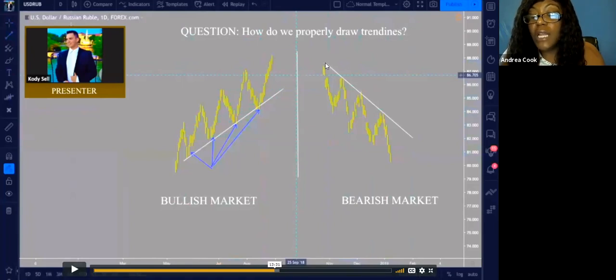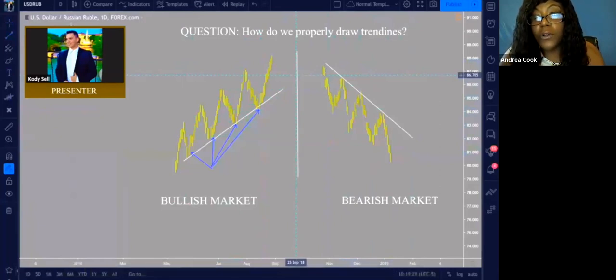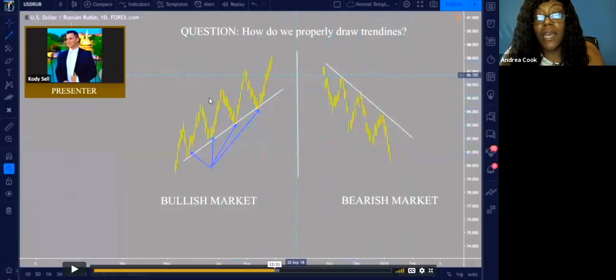Okay, the trend line has to be drawn on the top. So wherever price peaks, that's where the trend line is going to go. Because in a bearish market, it's the opposite. You're making lower lows and lower highs. Everything about the bullish market was high.